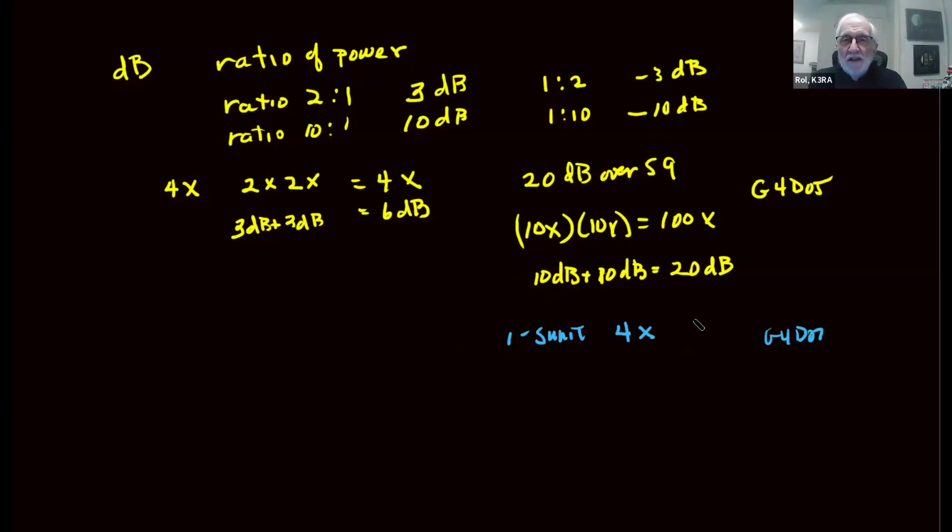And if you go from S8 to S9, you go up by a factor of 4 power. If you go from S8 to S7, you go down by a factor of 4 power. What is a factor of 4? A factor of 4 is 6 dB, right? A factor of 4 times is 6 dB. So 1 S unit is equal to 6 dB or 4 times.